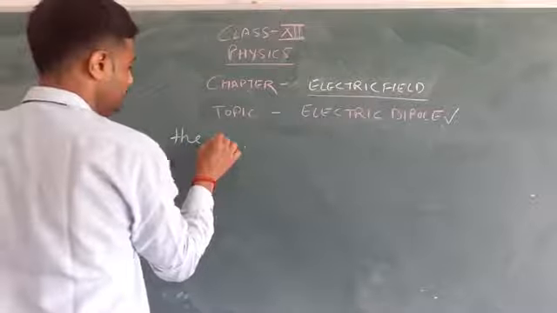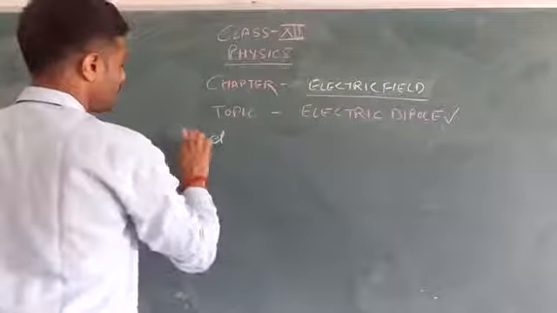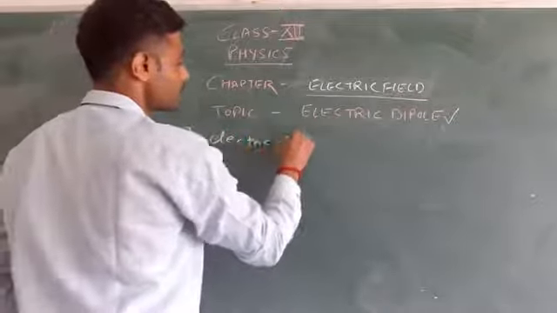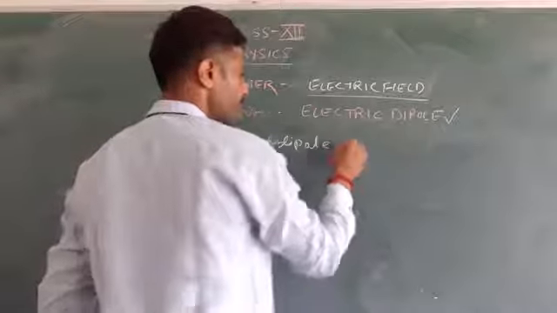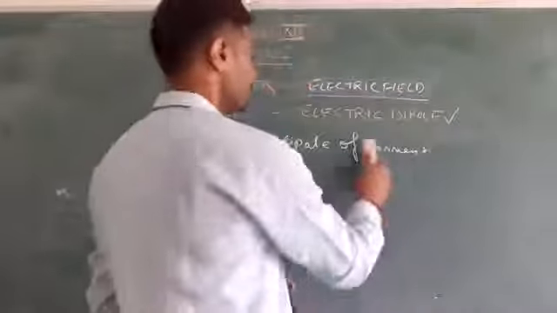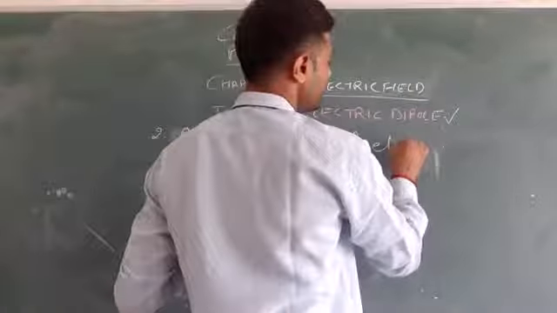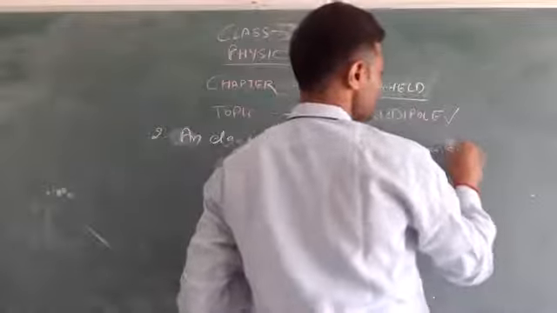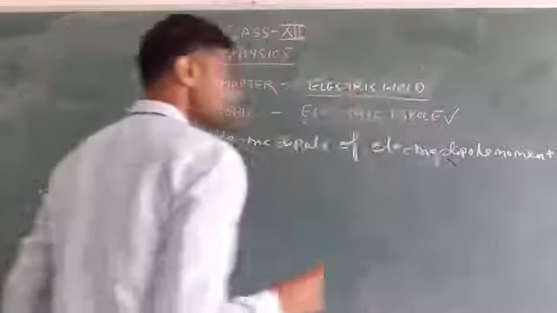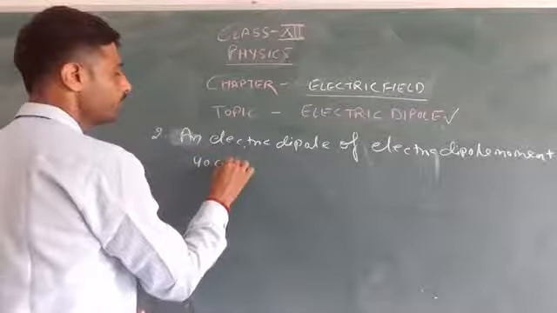The electric dipole moment is 40 coulomb meter.